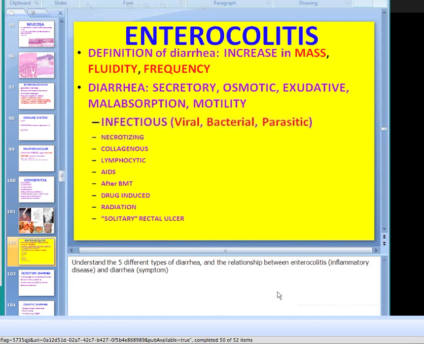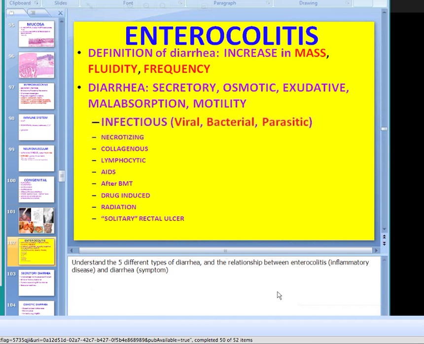The main symptom is diarrhea. And even though you all think you know what diarrhea is because you've all had it, diarrhea is defined as an increase in mass of stool or an increase in fluidity of stool or an increase in frequency of stool. All of those are generally part of the same process.